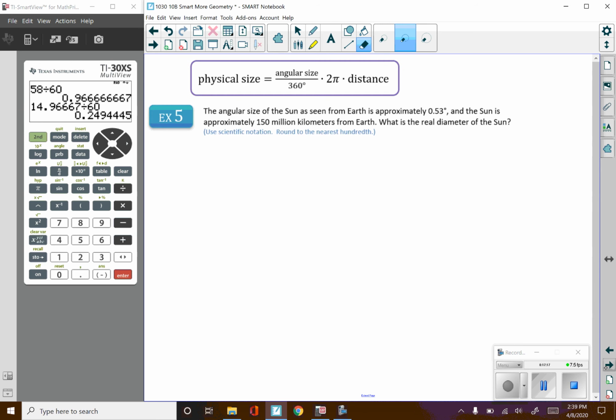So example 5, we know the angular size of the sun as seen from Earth is 0.53 degrees. And we know that the sun is approximately 150 million kilometers away from the Earth. We want to use that information to calculate the real diameter of the sun, which is its physical size. So that's going to be our variable. Our physical size of the sun is what we're calculating.